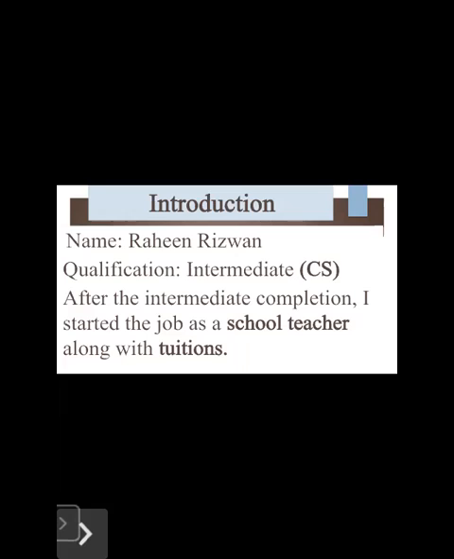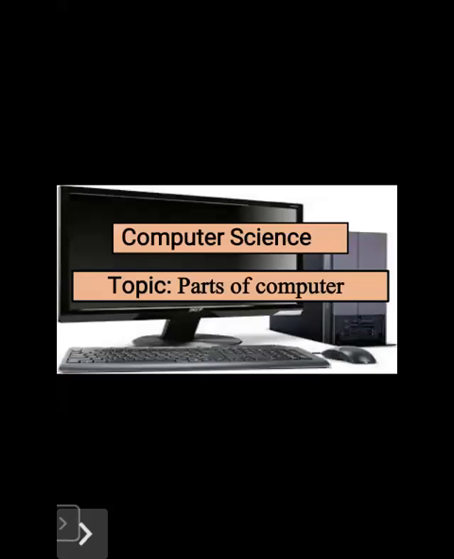Now I want to start the online tutorial. As I told you before, I am fond of the computer science field, so the topic I have chosen today is also from computer science, and that is parts of computer.